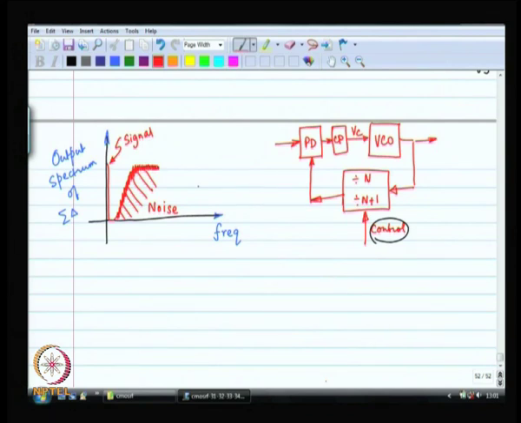Now, this is the spectrum for this particular wire over here. The question is, what spectrum are you going to see at the output of the VCO, because that is the key thing, right. That is what you are trying to fix over here.